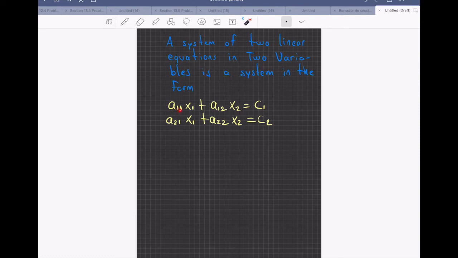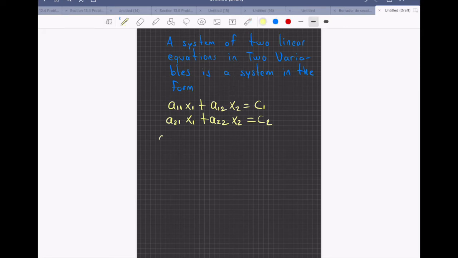You have to read this as a-one-one, and it means the coefficient in equation 1 and column 1. Equation 1, column 2. Equation 2, column 1, equation 2, column 2, right? That's why we use those subscripts to identify the coefficients. This is going to be important later when we use matrices.